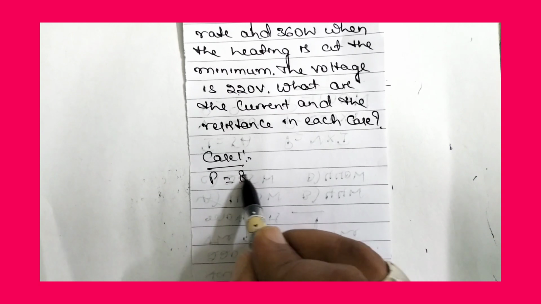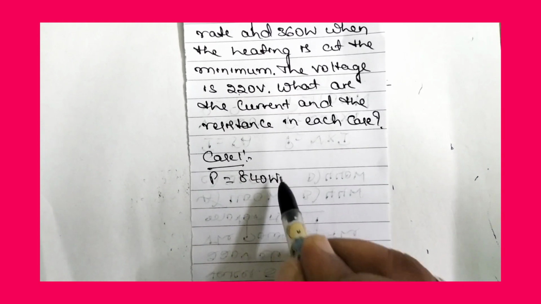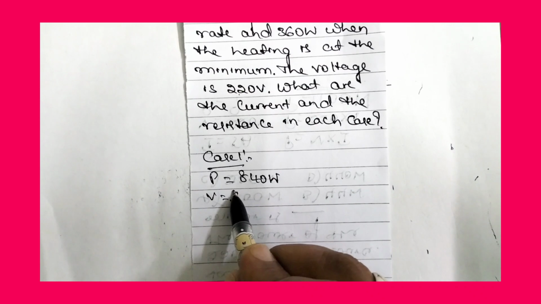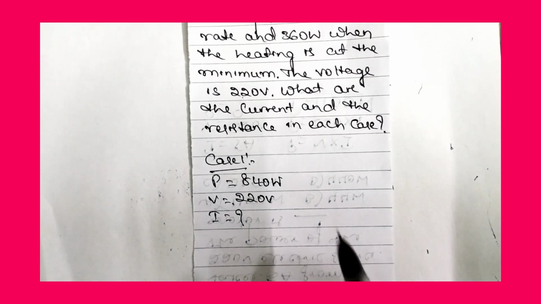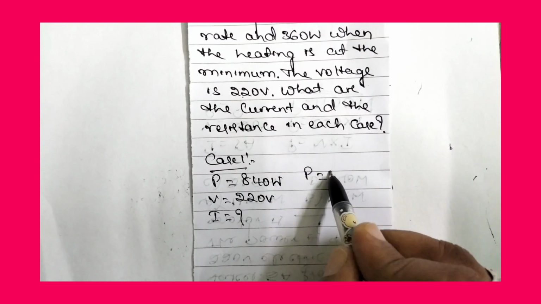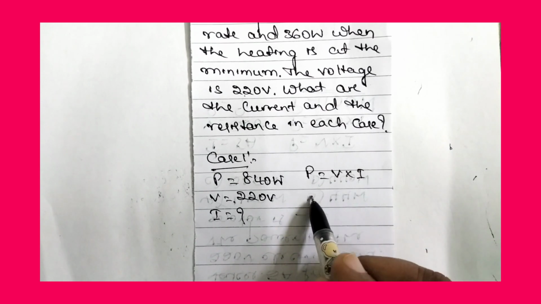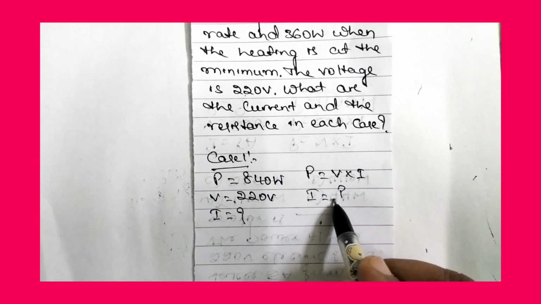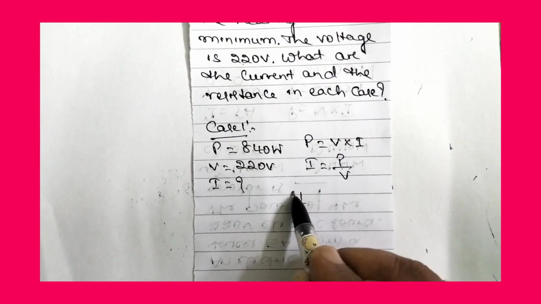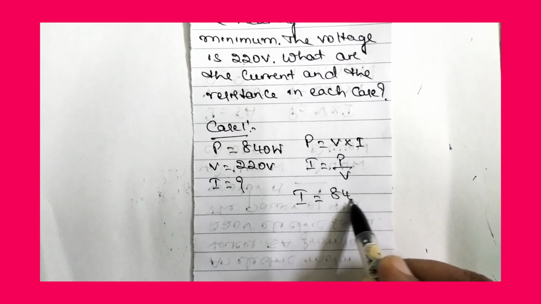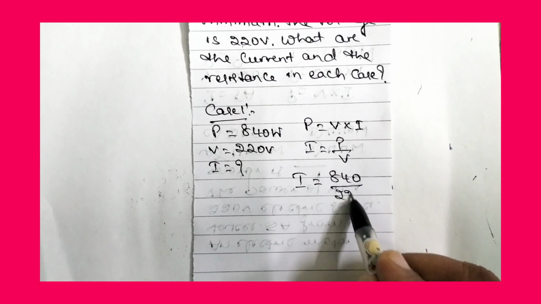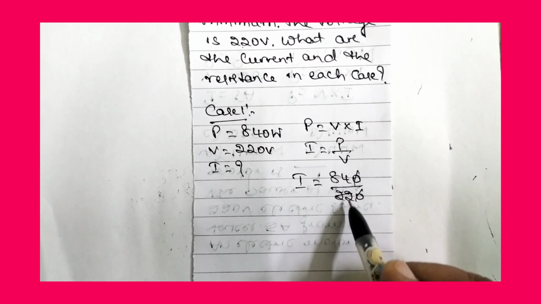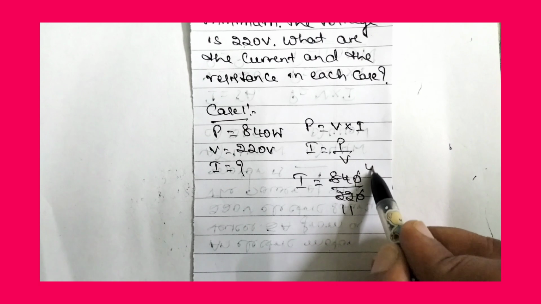Power P is equal to 840 watt, voltage V is equal to 220 volts. Now we have to calculate what is the current. So what is the relation for these three? P is equal to V into I, or I is equal to P by V. So I is equal to P, which is 840, divided by V, which is 220. 0 0 cancel, 2 11s are 22, 2 42s are.